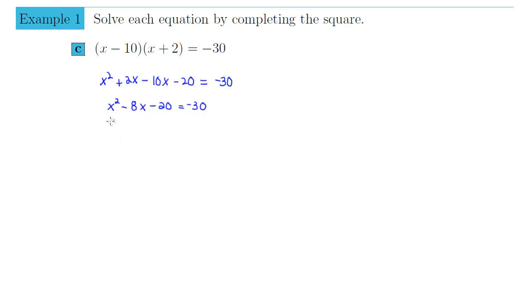We want to isolate the two terms that have x in them, which means we need to add 20 to both sides. Move our constant to the right side. So let's add 20 to both the left and the right, and that will isolate our two terms involving x. That will give us x squared minus 8x equals, and negative 30 and 20 gives us negative 10.